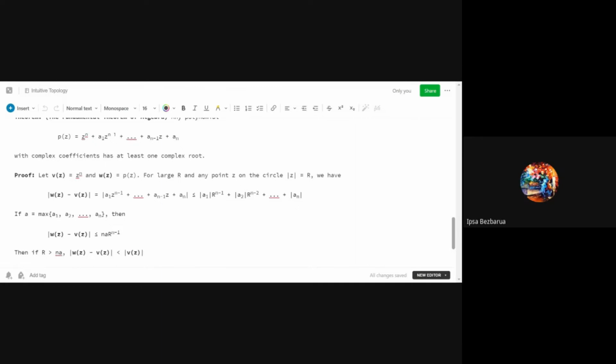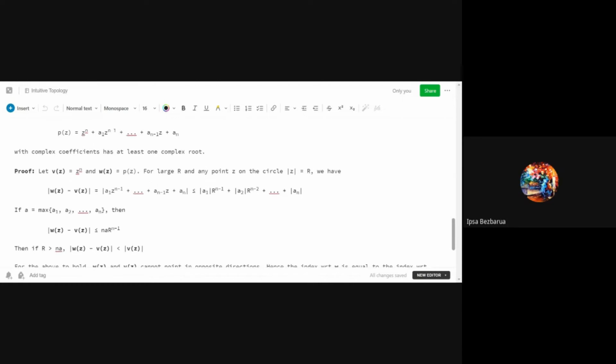For any point z on the circle mod z equal to r, I take the difference between the two vector fields at that point. If I take a to be the maximum value of the coefficients, then the absolute value of the difference between the two vector fields for any z will never exceed n into a into r to the power n minus 1.